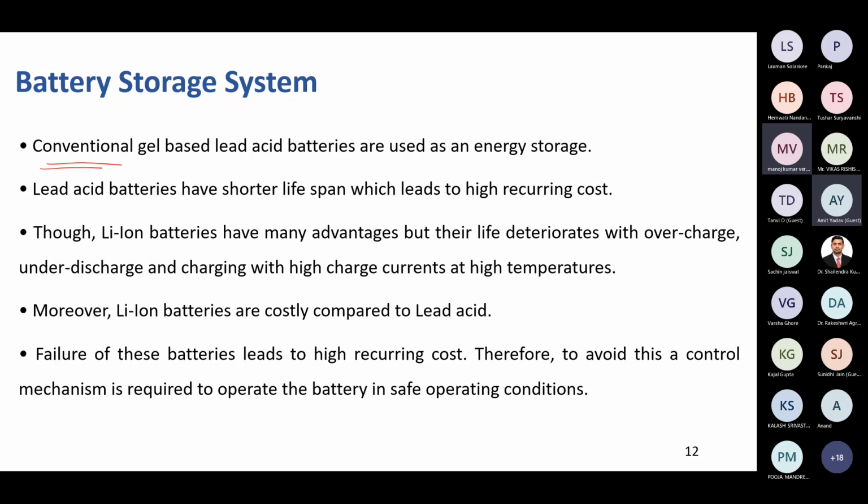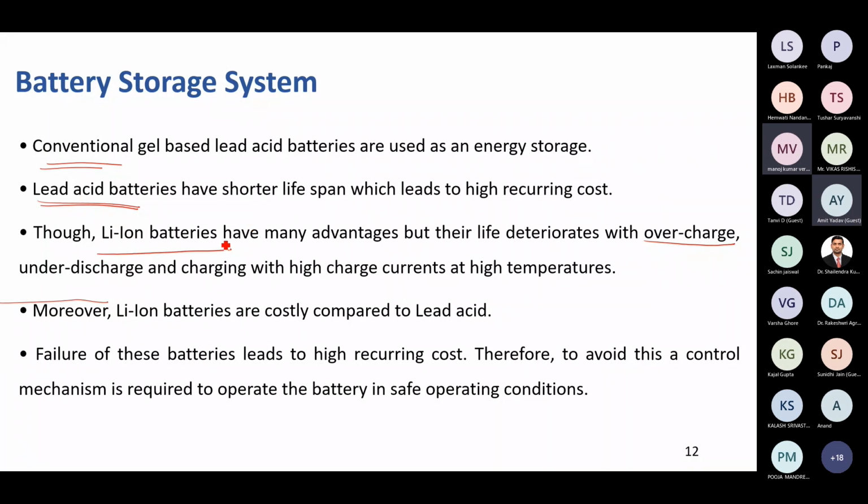So lead acid batteries have a very short life span. Though lithium ion has many advantages compared to that, the very important issues are overcharge and undercharge, and these can also happen with a high temperature range. It may deteriorate the life of the battery. So we have been talking about only the advantages.